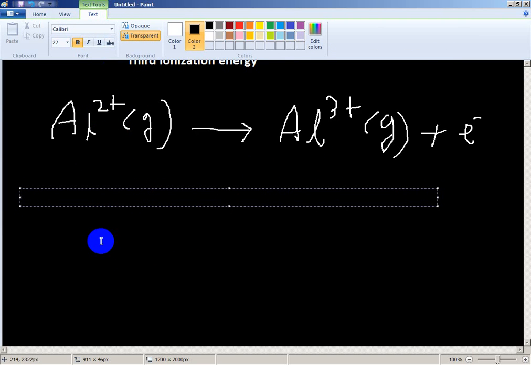It is an imaginary element with a symbol like M. Question 1: Write the equation for second ionization energy of an element X, or M. Okay, write this.